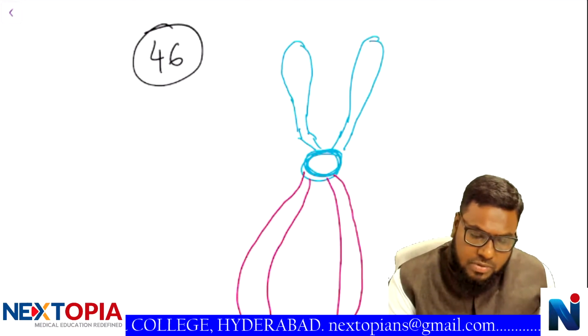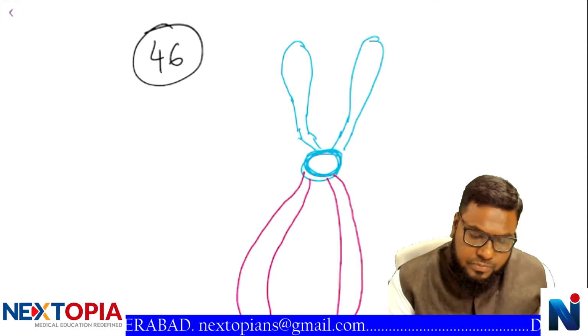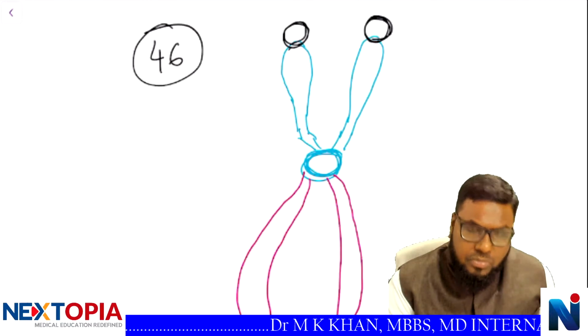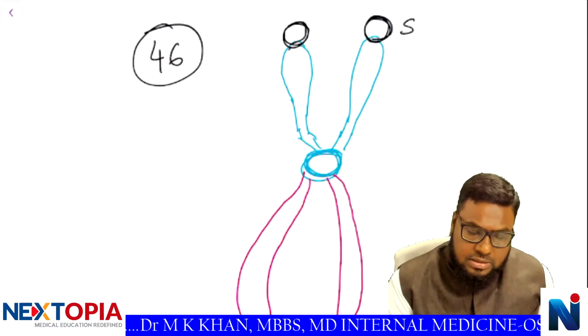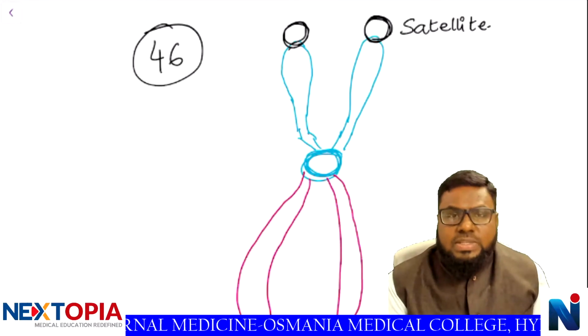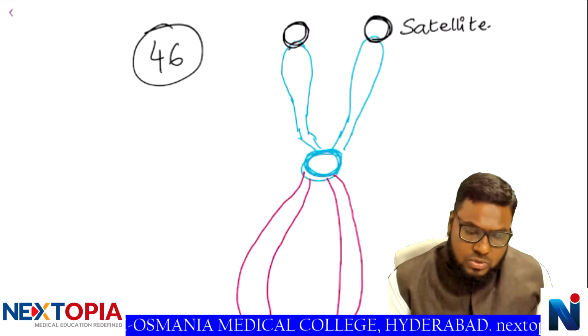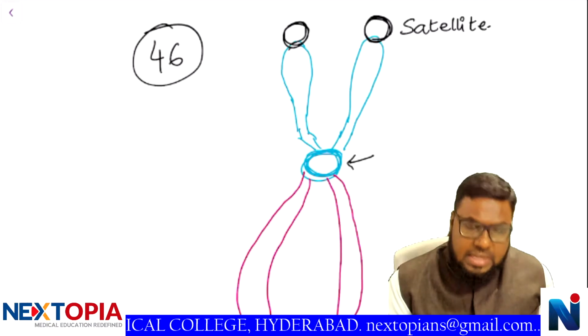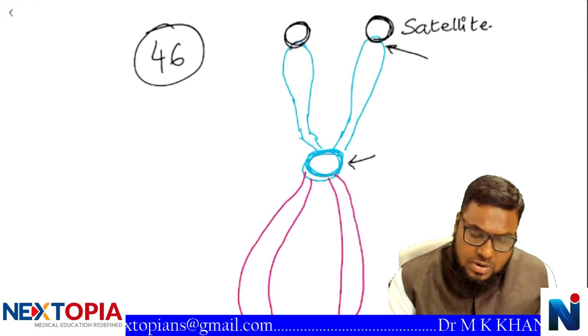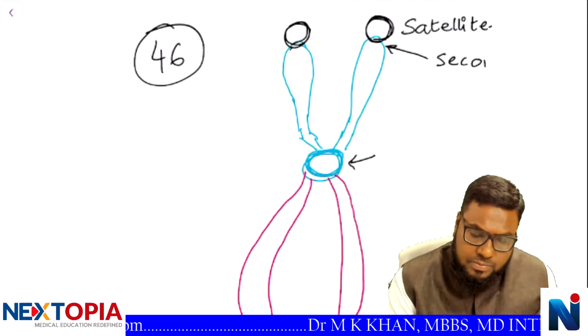So we have the tip of the short arm. This part is called a satellite, which communicates with other chromosomes. This area is a constriction, is it not? This is a primary constriction, and this area is called a secondary constriction.